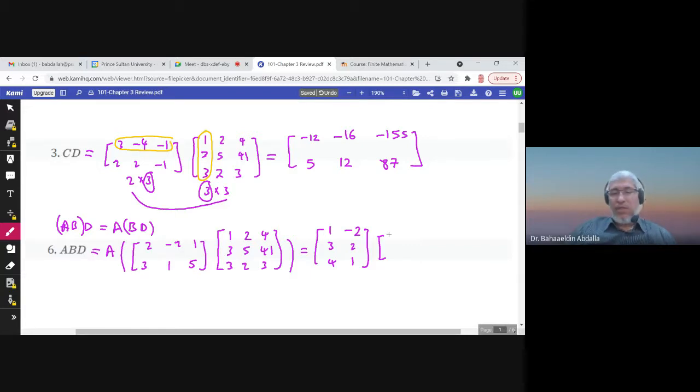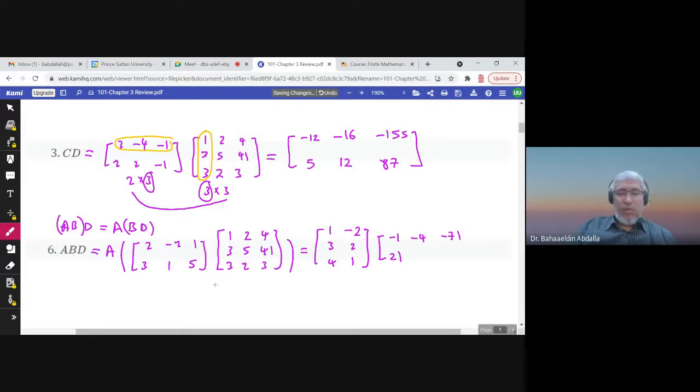The answer is negative 1. 2 times 2 minus 2 times 5 plus 1 times 2, which is negative 4. 2 times 4 minus 2 times 41 plus 3. That's negative 71. Then the second row, 3 plus 3 plus 15, 21.